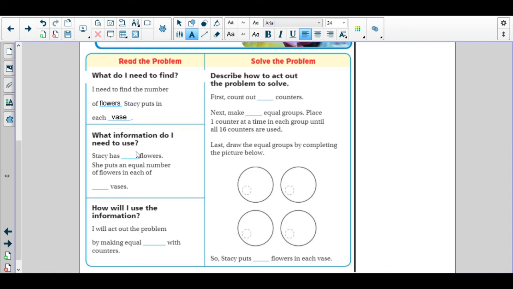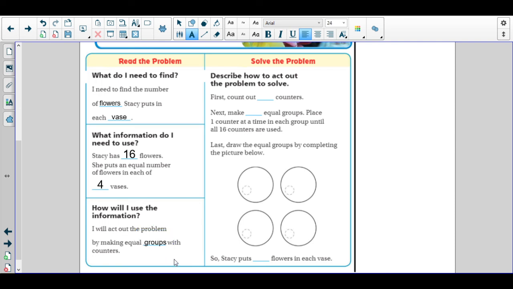Well, Stacy has 16 flowers. She puts an equal number of flowers in each of the 4 vases. How will I use the information? I will act out the problem by making equal groups with counters. And although we do not have counters, we will use the next best thing.